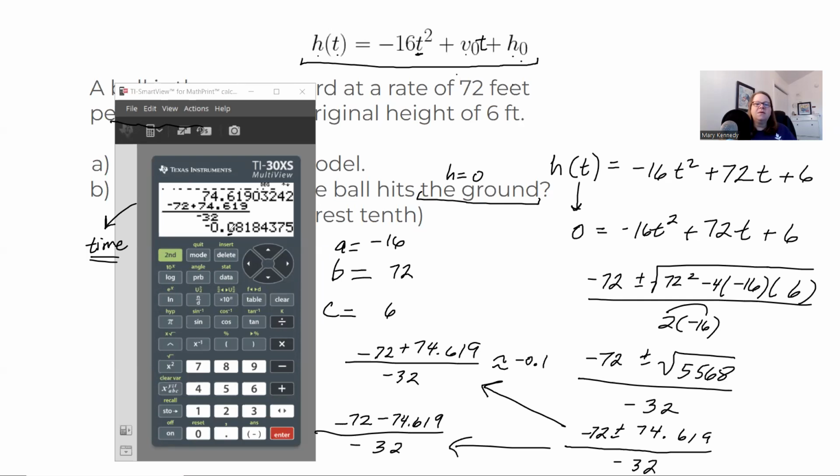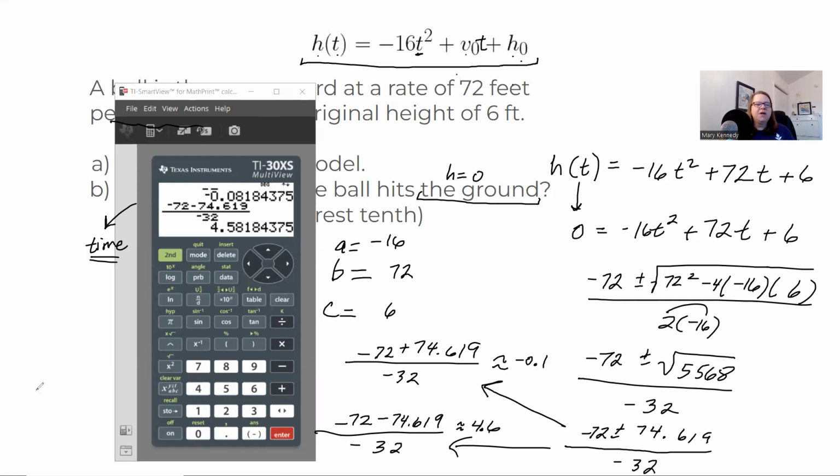That 0 goes up to 1 because the 8 moves it up to the next number. Okay, let's do the same thing, and this time we'll type it in with a minus sign. So I'm doing the bottom one, negative 72 minus that over negative 32. And that one's about 4.6, to the nearest tenth.